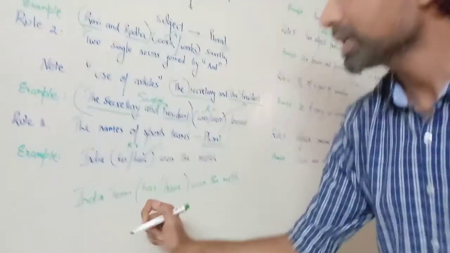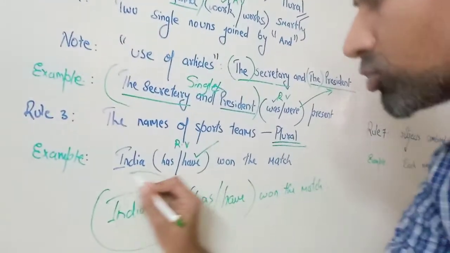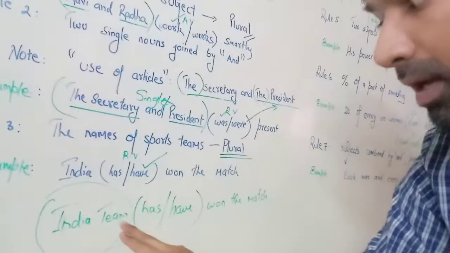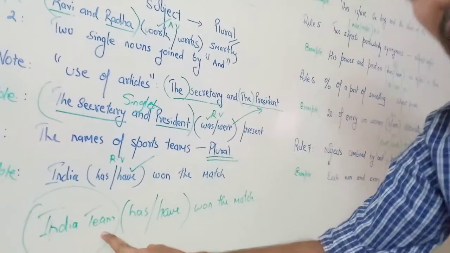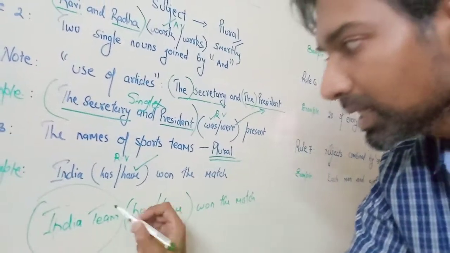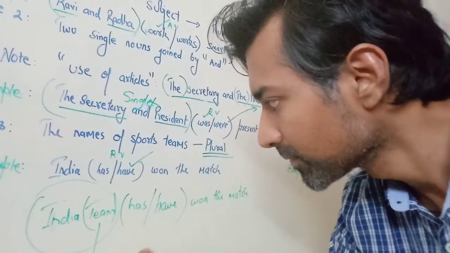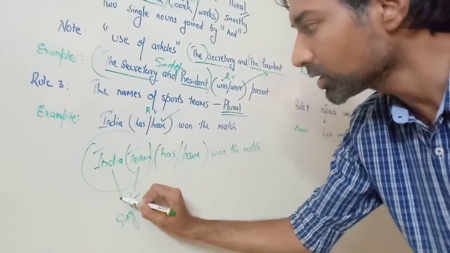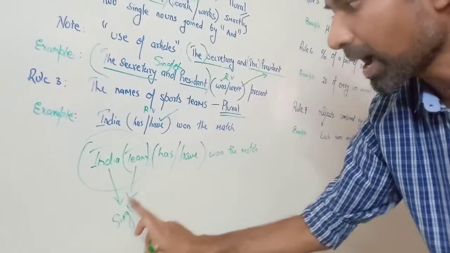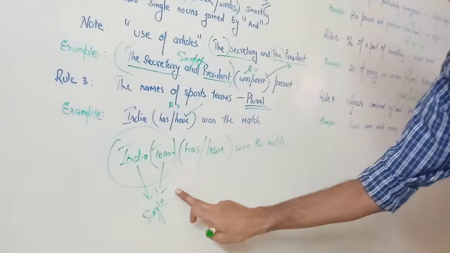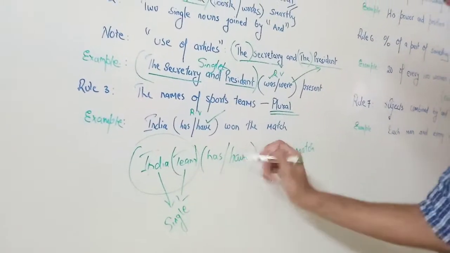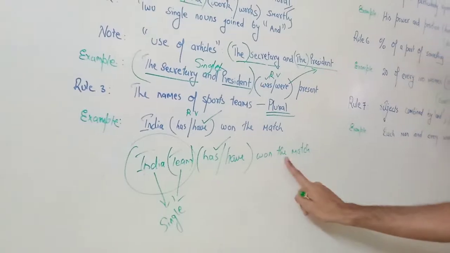So if it is a combination of these two, where the name of the country comes with the word team, team being a collective noun has to be single. Thus, I am referring to the India team which happens to be single. That is where I will take this sentence as India team has won the match.